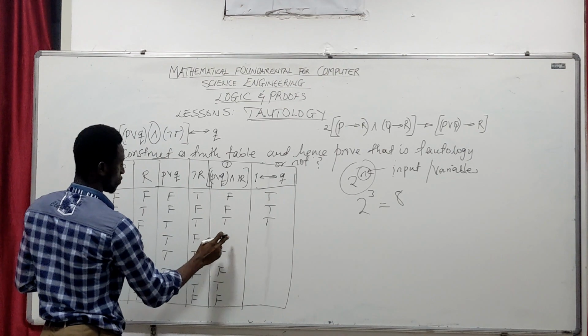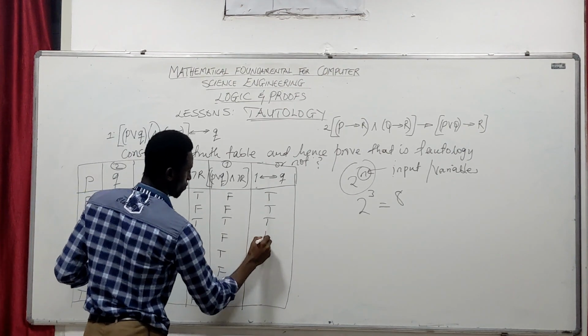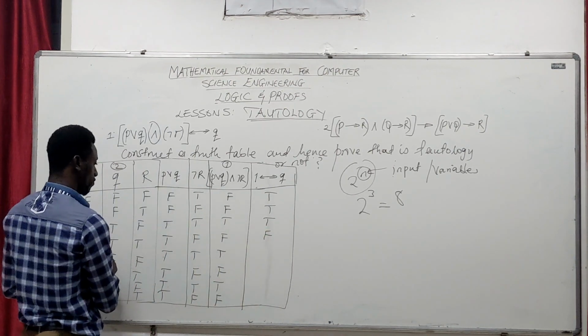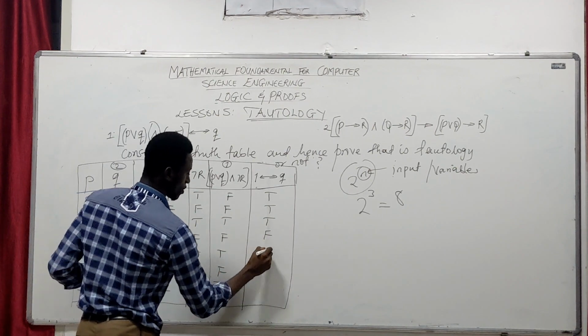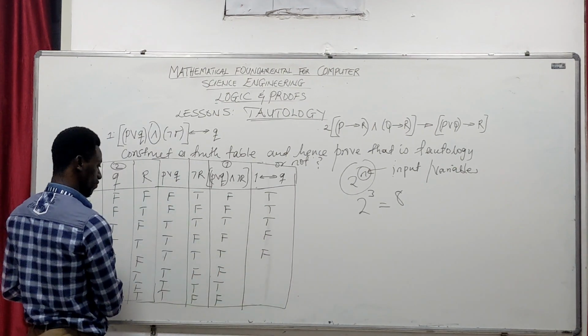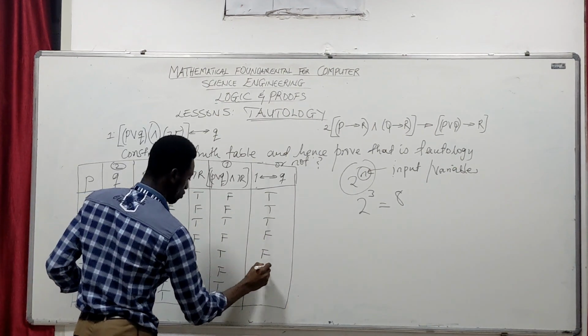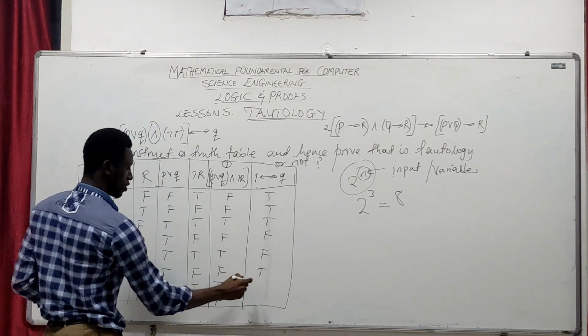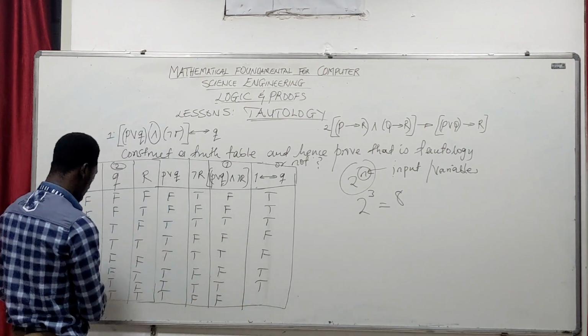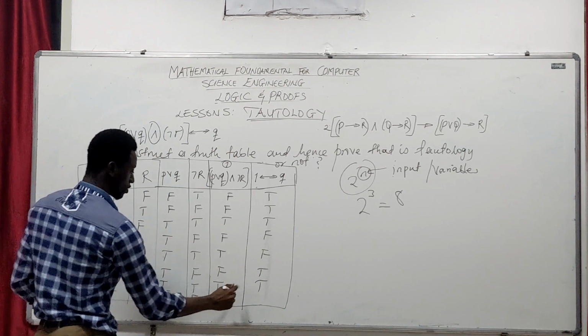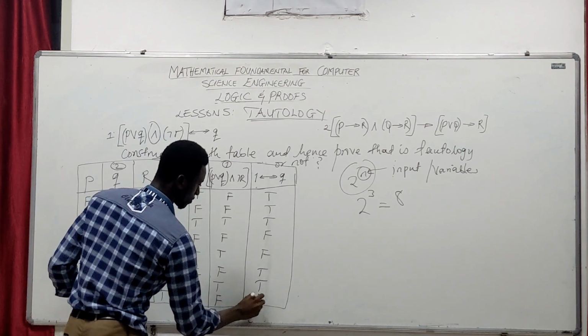For true, false, it becomes false. False, true becomes false. False, false becomes true. True, true becomes true. And true, false becomes false.